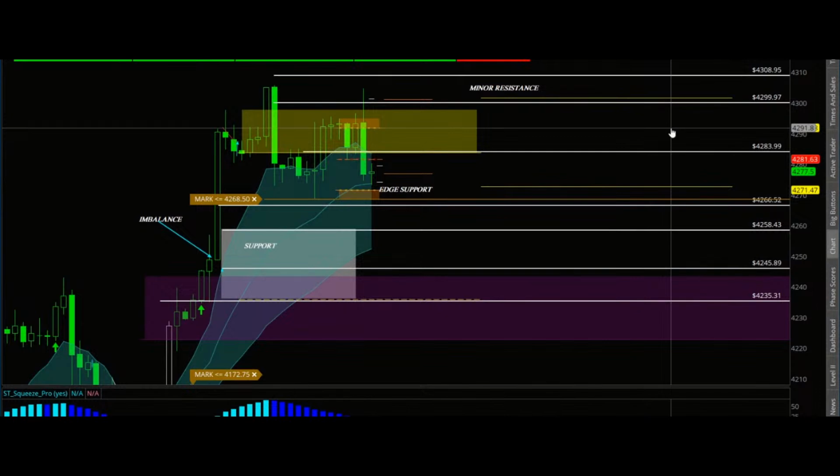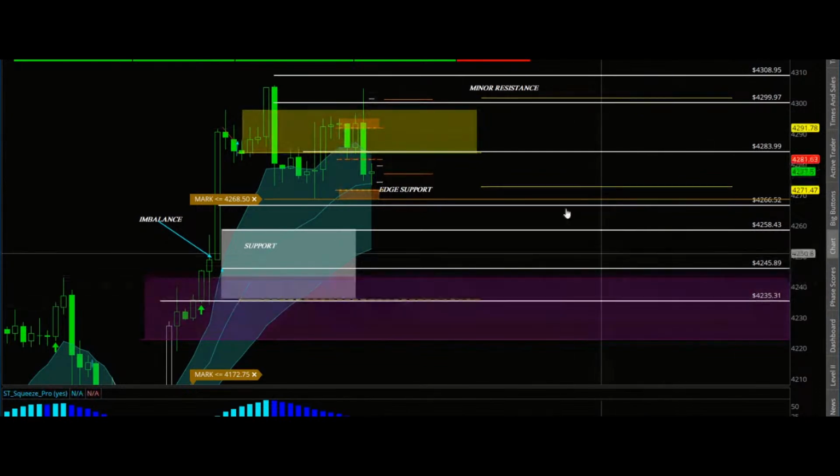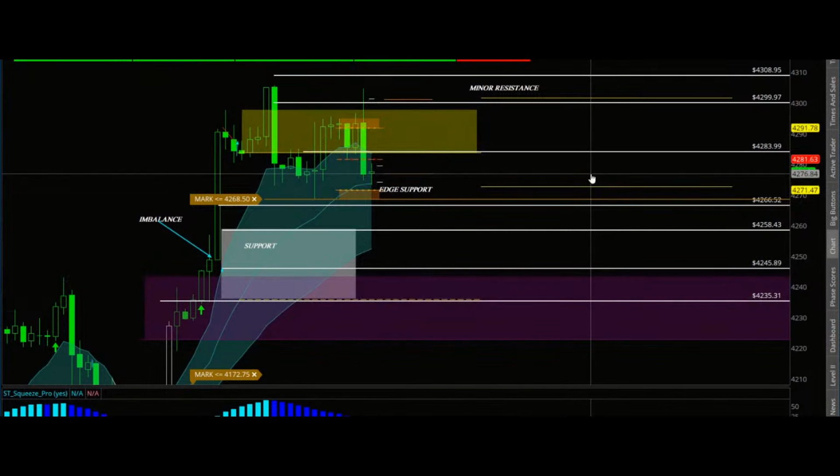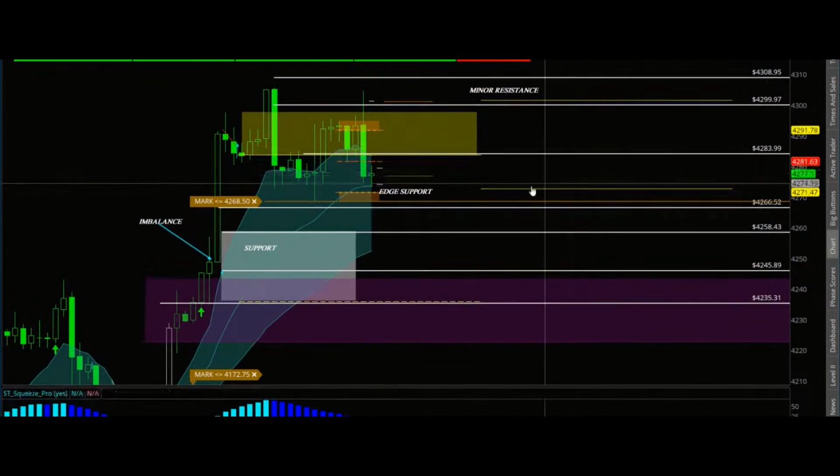My biggest thing was I want to be different. I want to identify structure by identifying where the bigger players are trading. But I created the indicators to make it much more convenient. That is the important part.